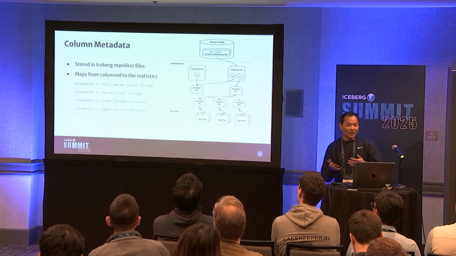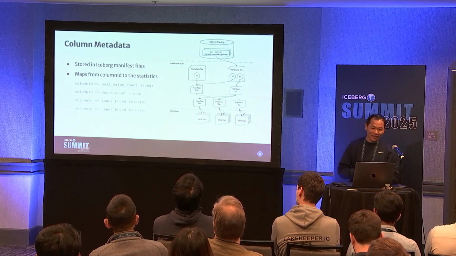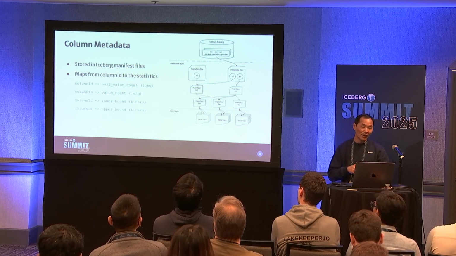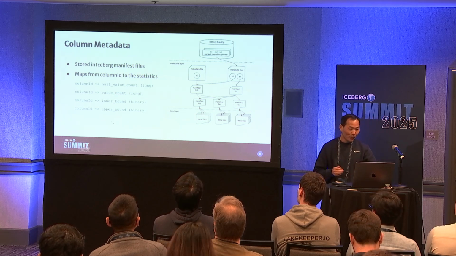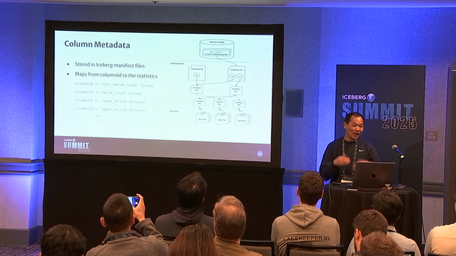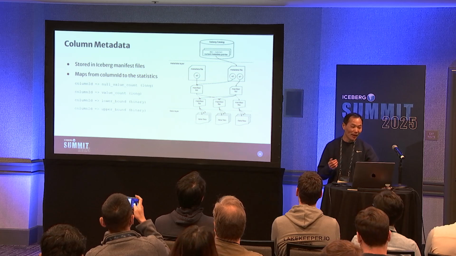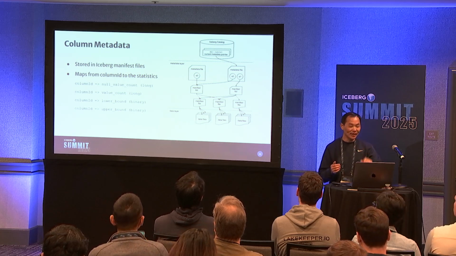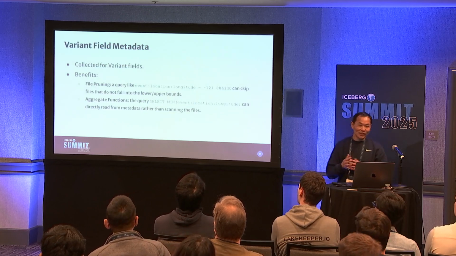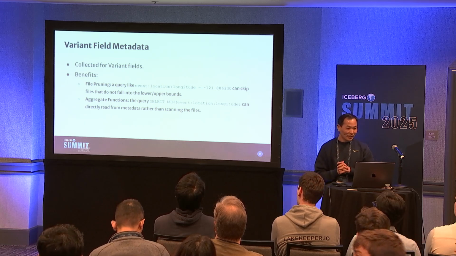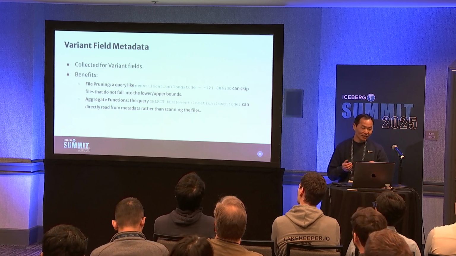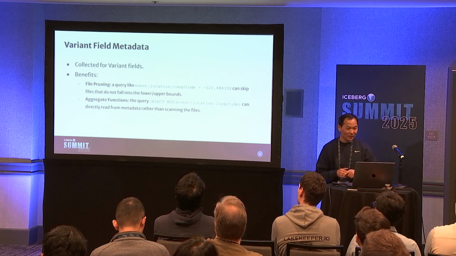Now, let's come to the metadata. Metadata, as you may know, helps with file pruning. For regular Iceberg columns, we collect null values, value counts, lower bounds, and upper bounds, especially bounds, which can help you prune the data. Similarly, we try to collect metadata for variant fields.